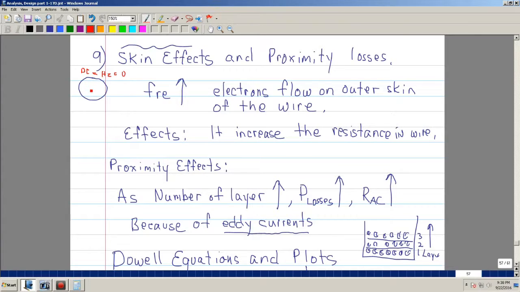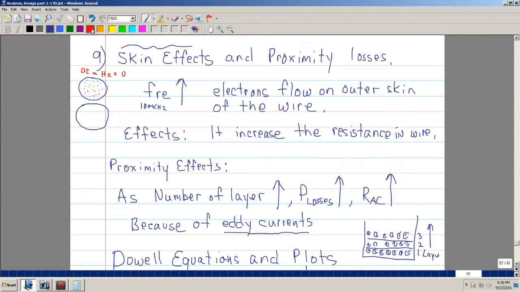If you could look at the atoms or the electrons in a cross section, you would see that they're equally spaced throughout the conductor. But since we're operating at a frequency of 100 kilohertz, that is no longer the case.